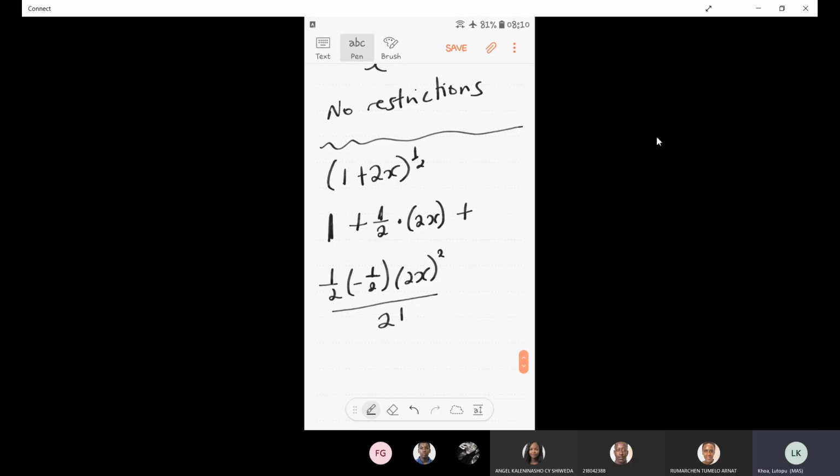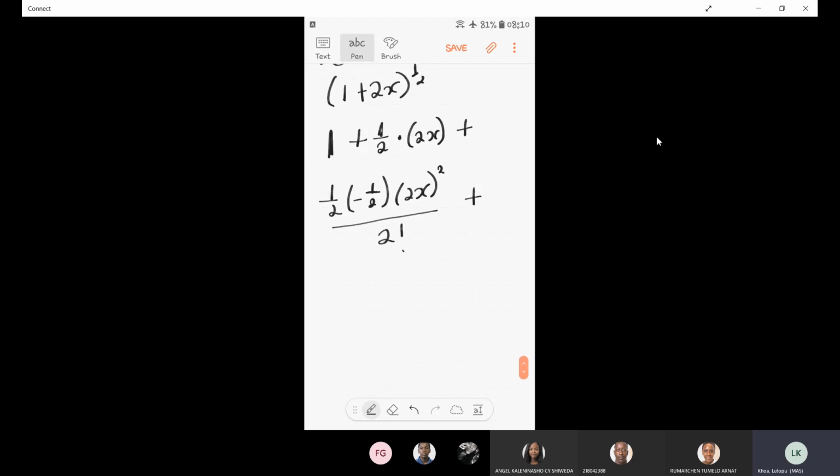Divide this by 2 factorial. So I hope you know how I'm getting these. Then the next one, I have half times minus half times minus 3 over 2, and then I have 2x to the power of 3 divided by 3 factorial, and this continues in this way because I will never have to bring a 0 down.